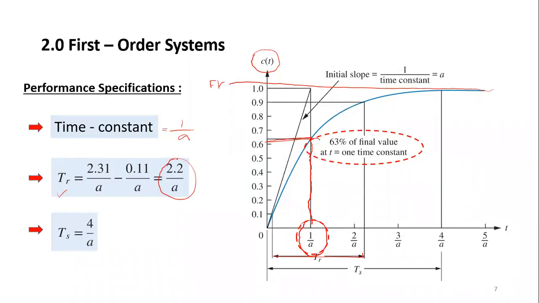You are also able to find Ts, the settling time, which is the time for the output to reach its final value. We will discuss later why it contributes this way; at the moment we just accept it. Okay, that's the first one.